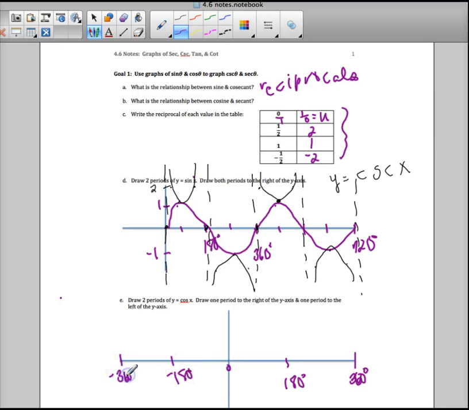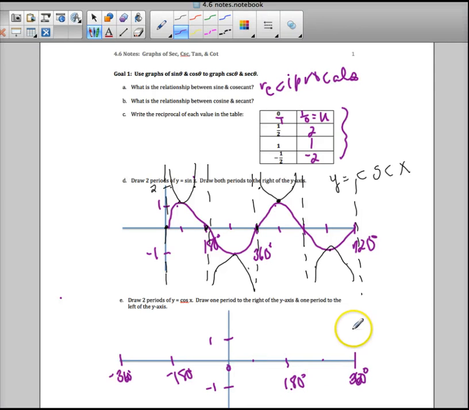Cosine has a max of 1 and a minimum of negative 1. I'll go ahead and place my points. Remember, it starts at the maximum, then crosses halfway, minimum, crosses halfway, maximum.